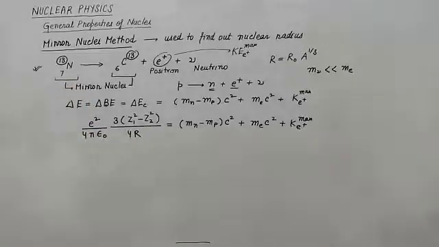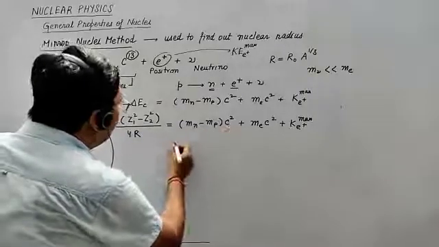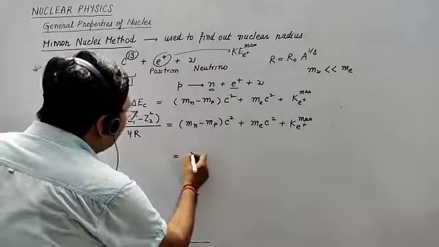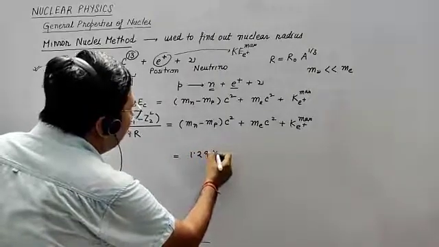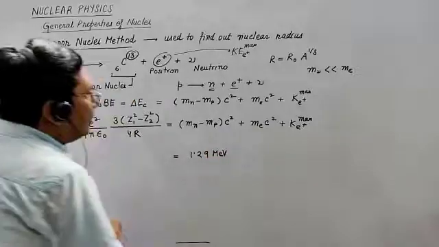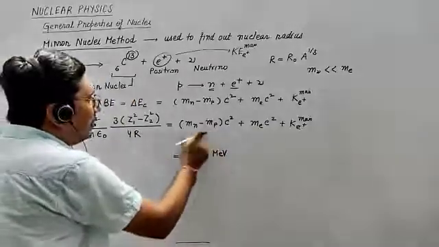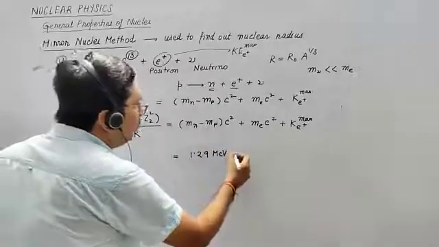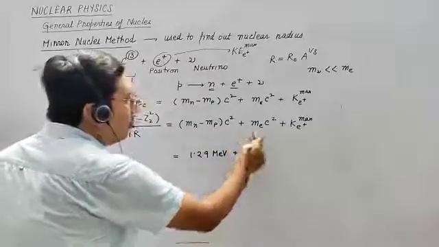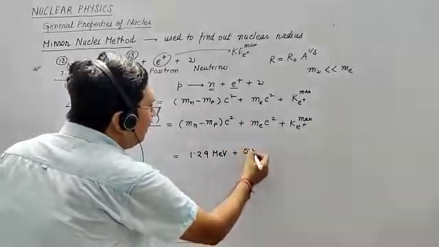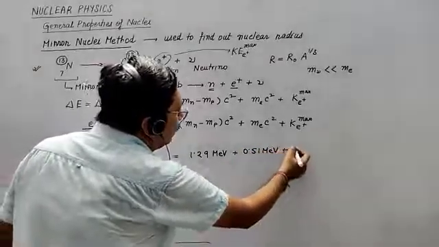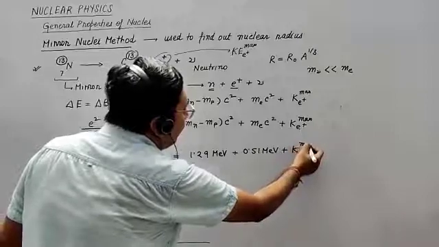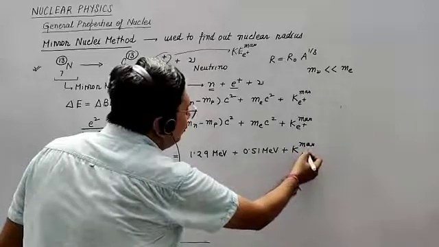Here you can remember two things. This term, (Mn minus Mp) into C square, its value you have to remember is always 1.29 MeV. And the rest mass energy of the positron is equal to 0.51 MeV. In the question, they will provide you the maximum kinetic energy of the positron.